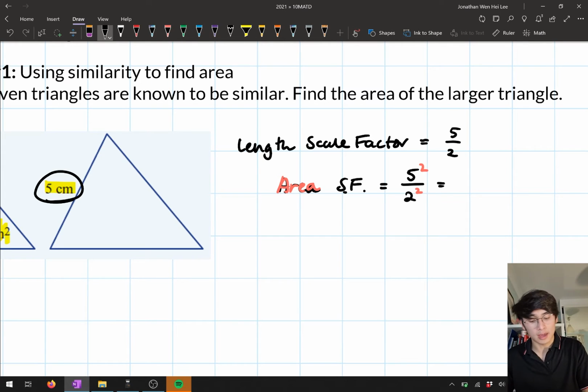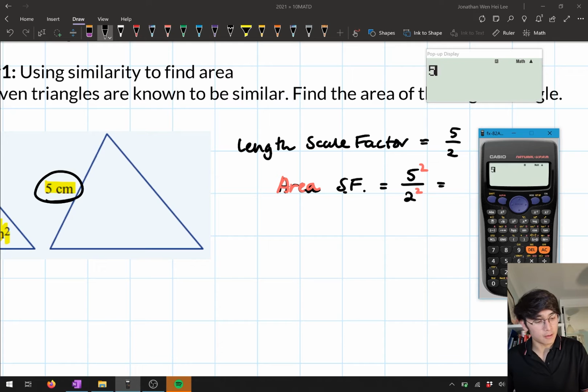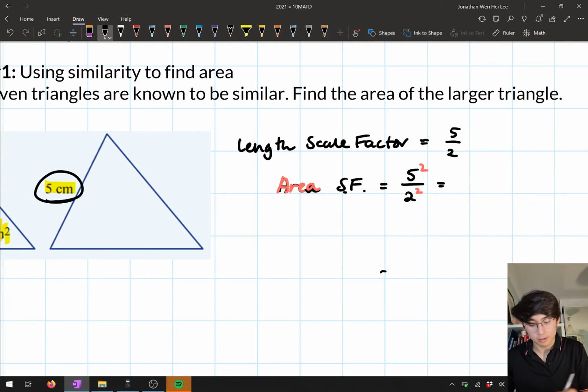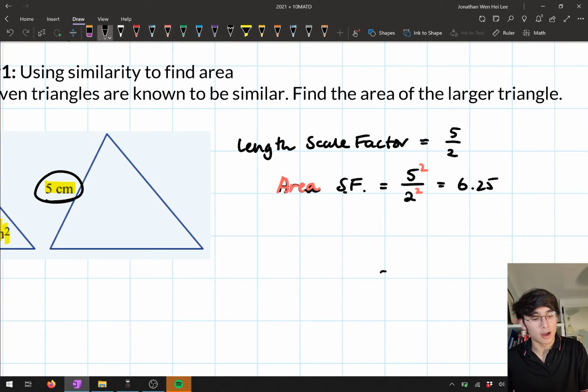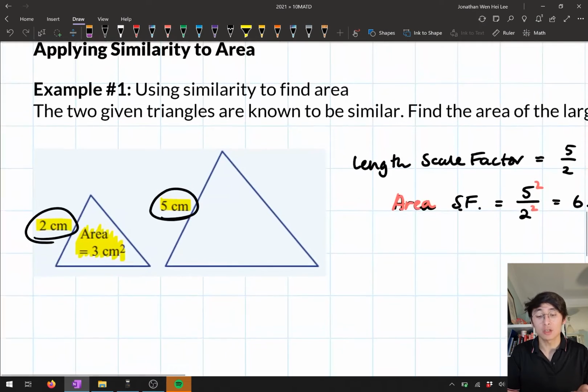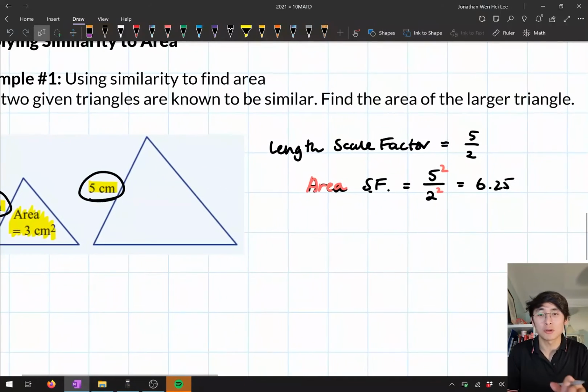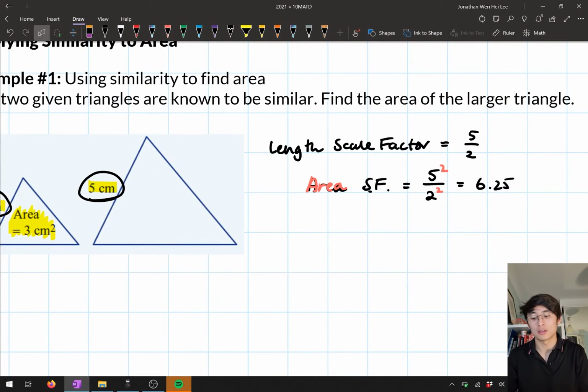I can put this in my calculator: 5 squared over 2 squared, and we end up getting an area scale factor of 6.25. So what this tells me is that the bigger shape is going to be 6.25 times larger than the smaller one.